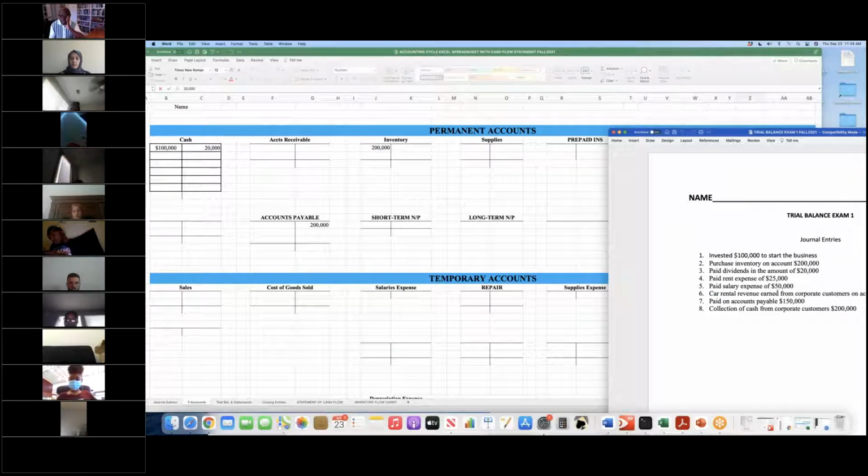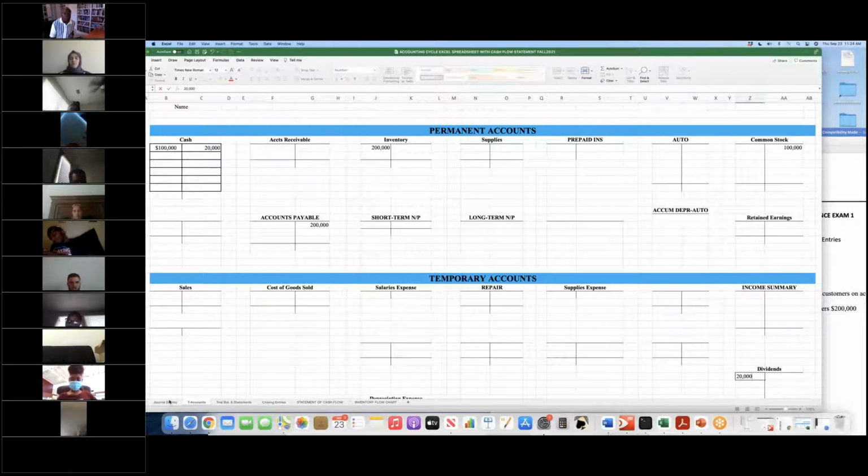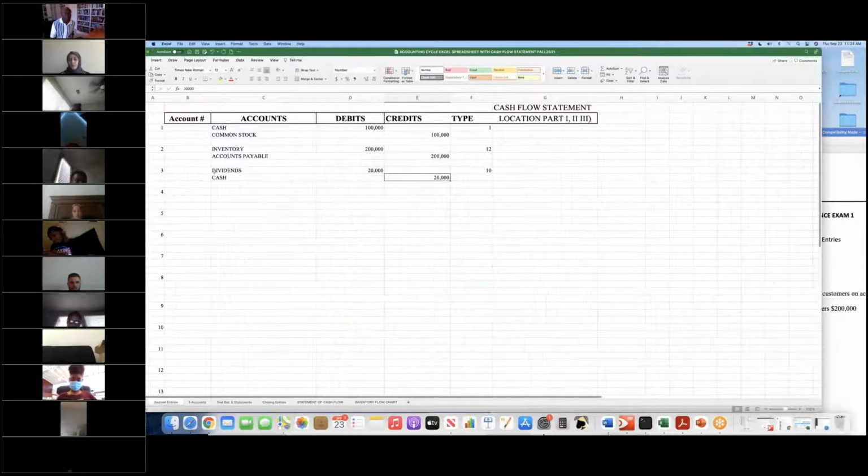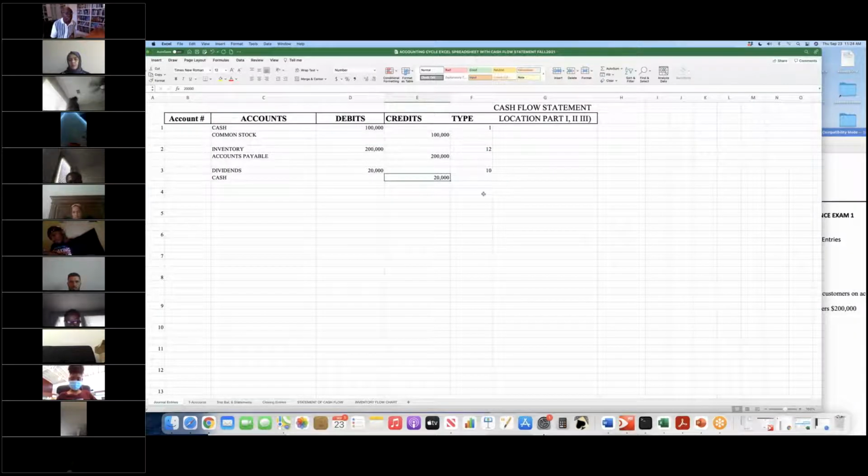Our next transaction, we paid rent of 25,000. So going to journal entries, so type 9, where we debit rent expense and credit cash.